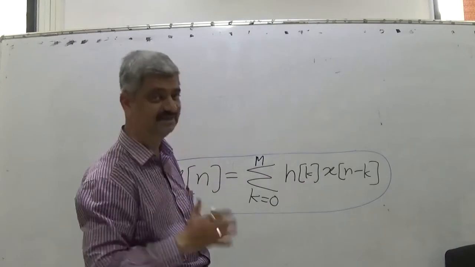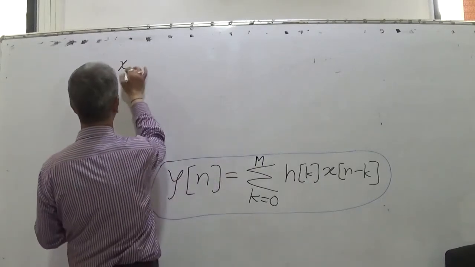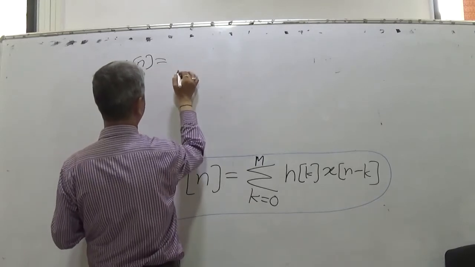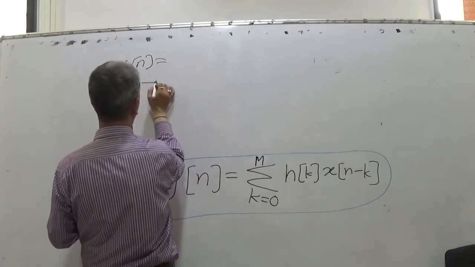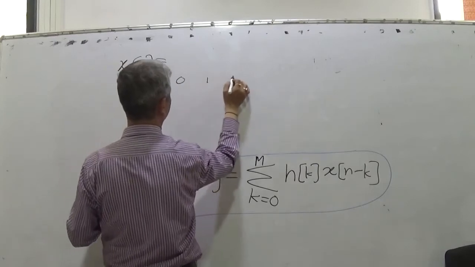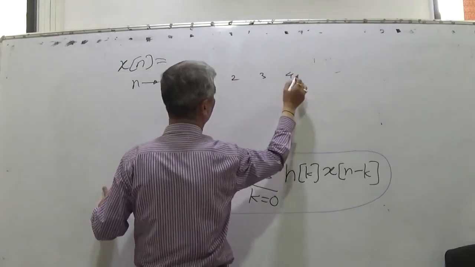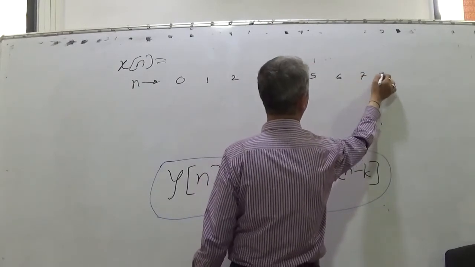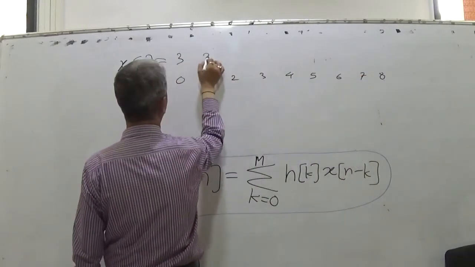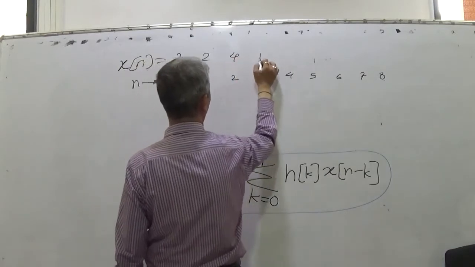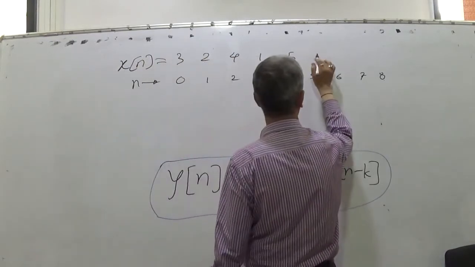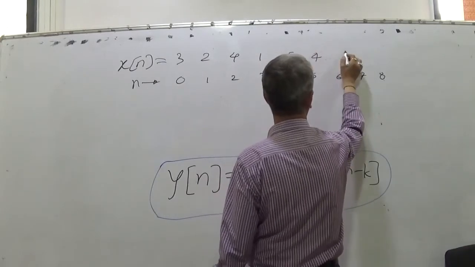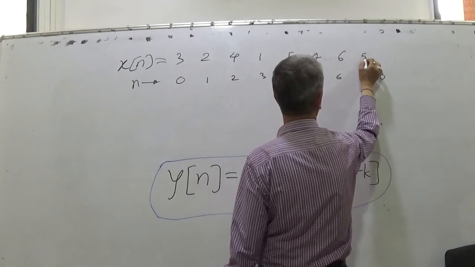Then I will take an interesting example, xn, and I start from n equal to 0, 1, 2, 3, 4, 5, 6, 7, 8, and this can be 3, 2, 4, 1, 5, 4, 6, 5, 3.